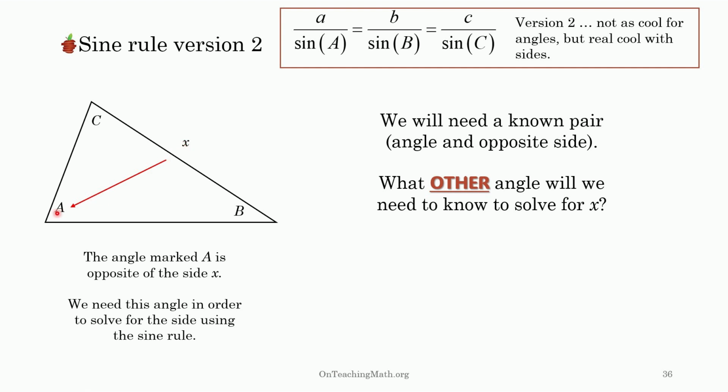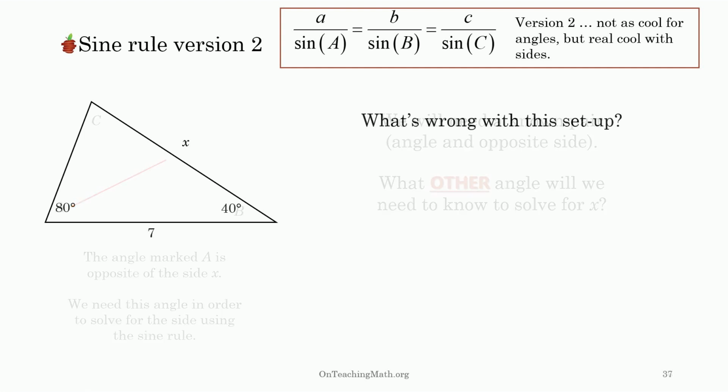So in order to figure out the side x using the sine rule, we're going to have to know this for sure. The other thing we're going to have to know is a pair. We're going to have to know either this angle and this side, or this angle and this side, one of the two.